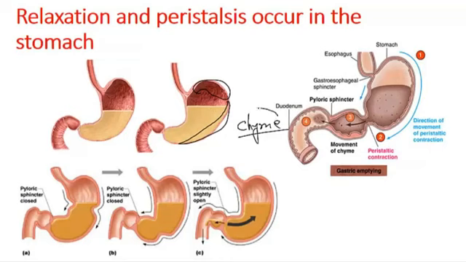Then the chyme will be taken into the duodenum from the stomach with the help of peristalsis. And the frequency of this peristaltic contraction is regulated by the interaction between the pacemaker cells that are present in the smooth muscle cells in the stomach wall.